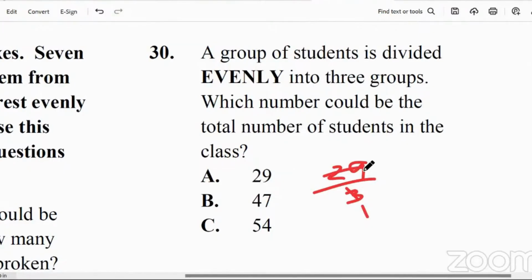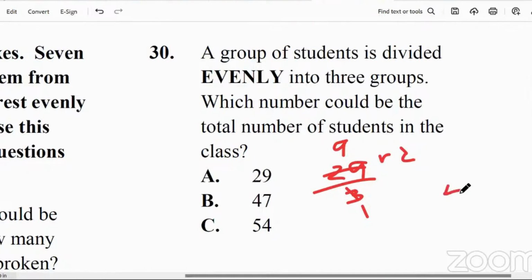So we have 9 groups, but we are left with a remainder of 2. So this number cannot be divisible. Remainder 2. All right, so we cannot divide this one evenly by 3.